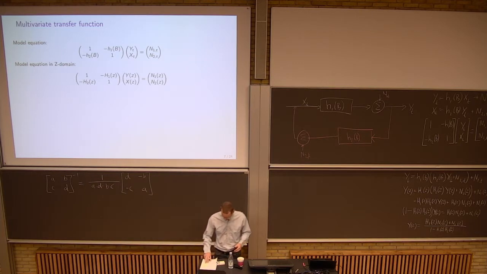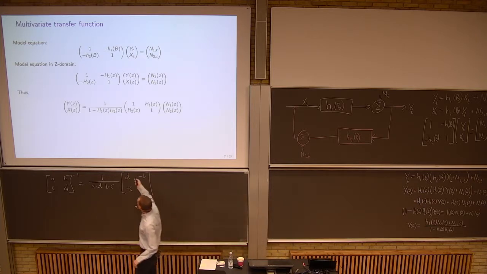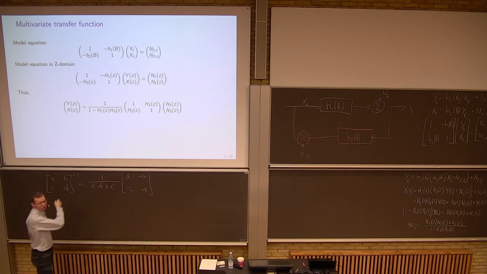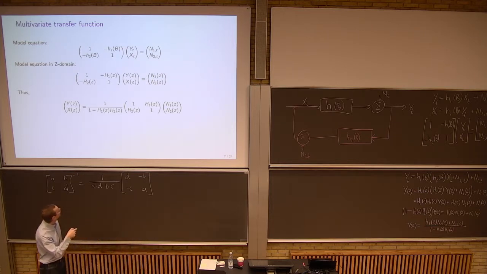But we can do the same thing with this fellow up there. So what we get is the determinant down there, which we recognize. And then over here we have negative signs in front of our transfer functions in the off-diagonal elements. Now we have positive signs.